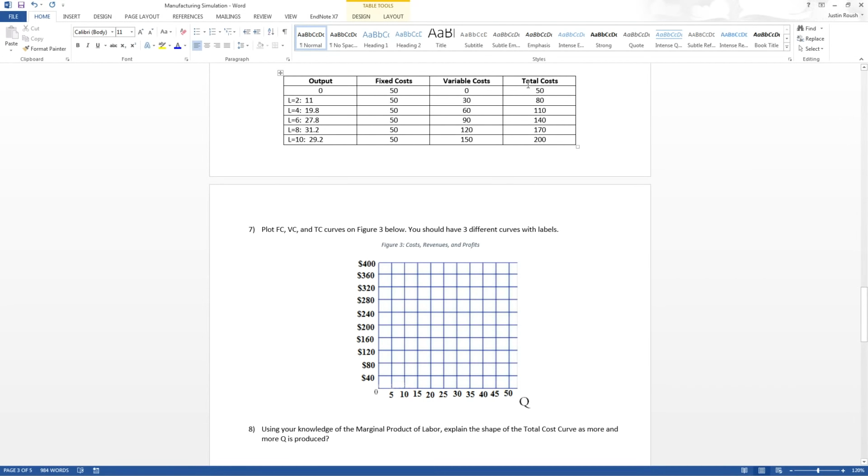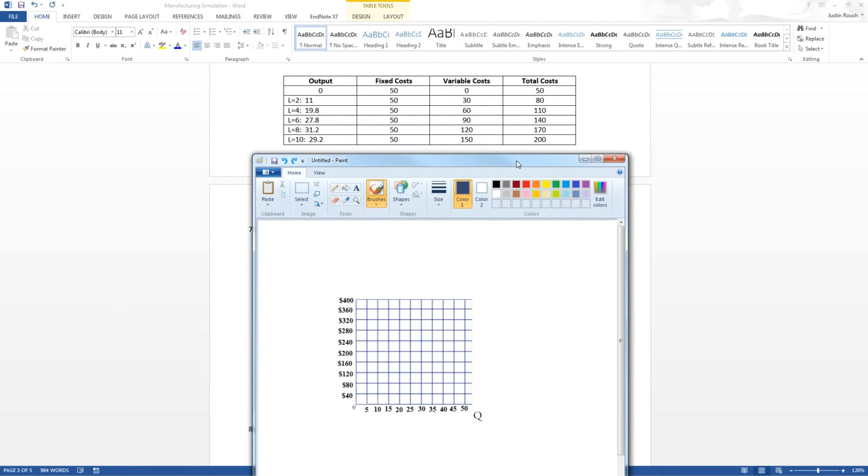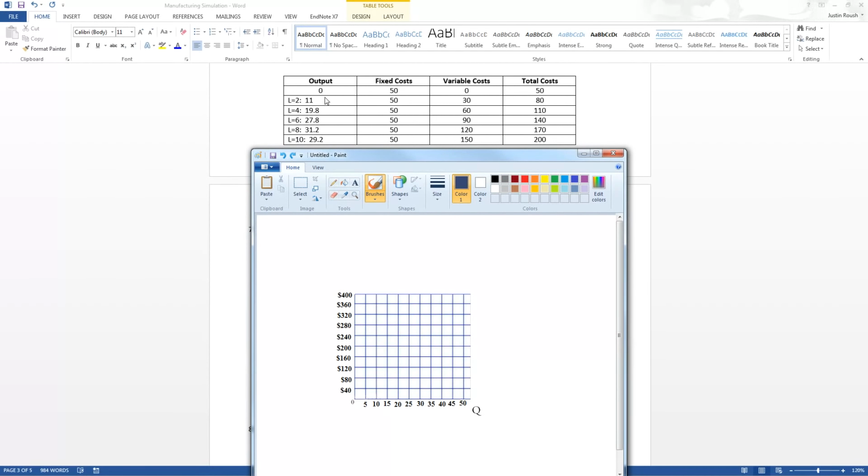So for example, let's look at total cost here. When I produced 0 units, it cost $50. So we can come down here at 0 and go up to about 50 and put a dot in there. Whoops, I've got white.